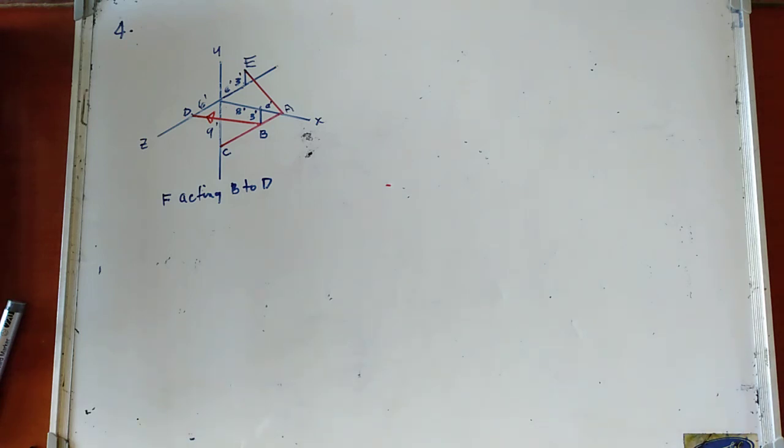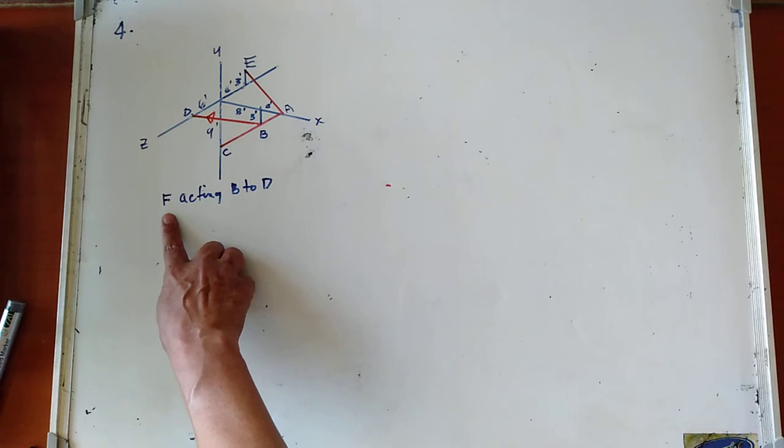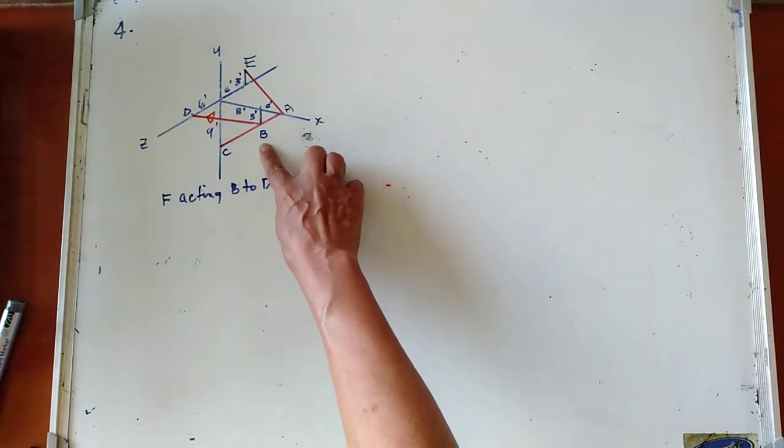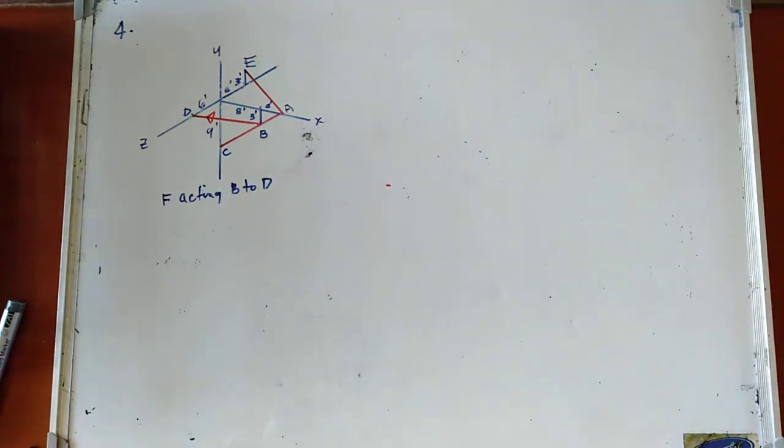Find the magnitude of this vector F if the component along the boom ABC is 850 pounds.